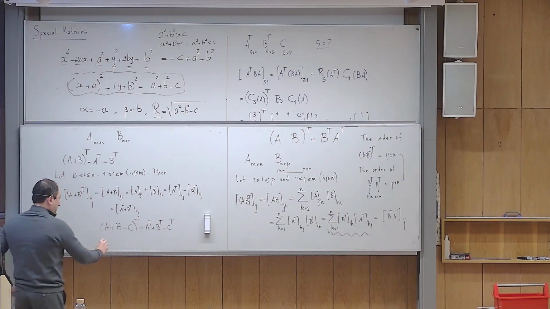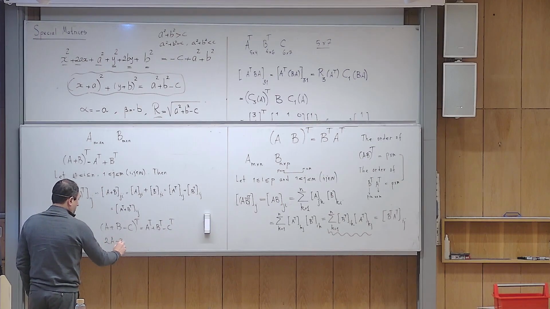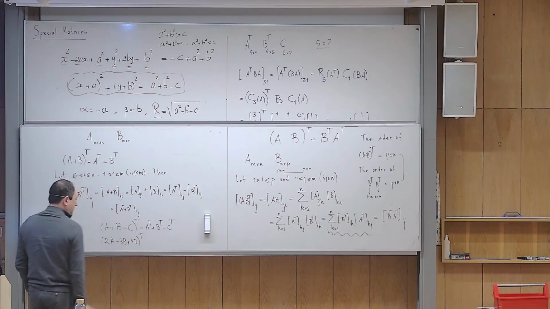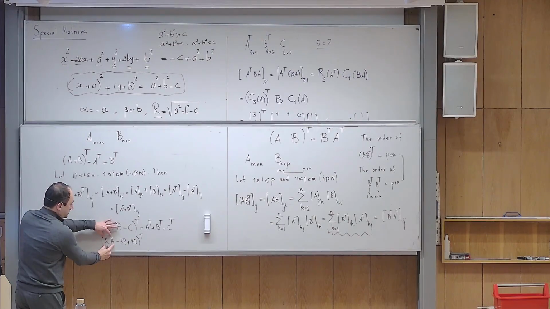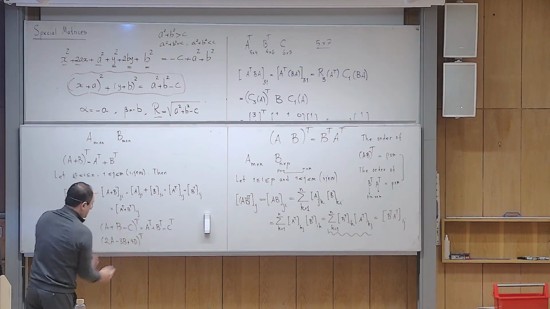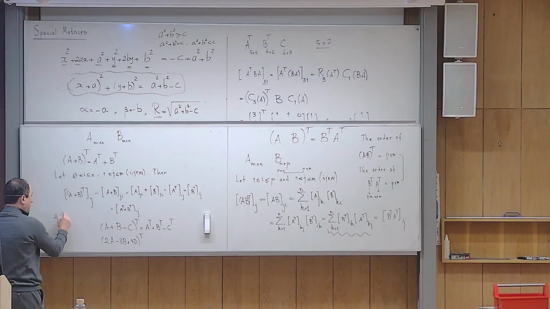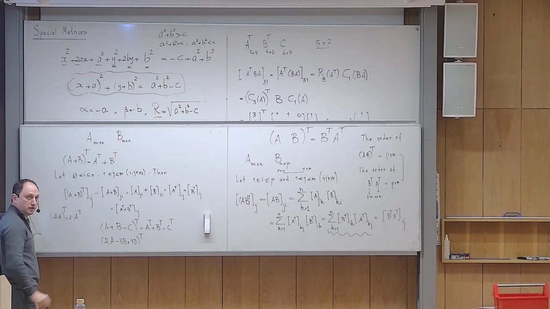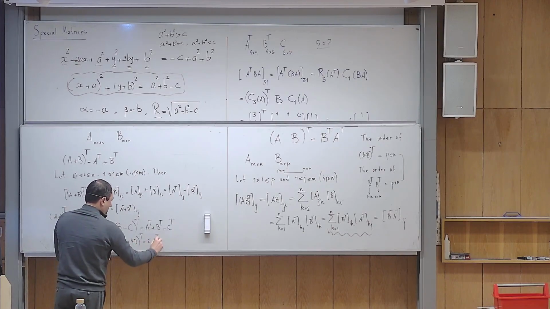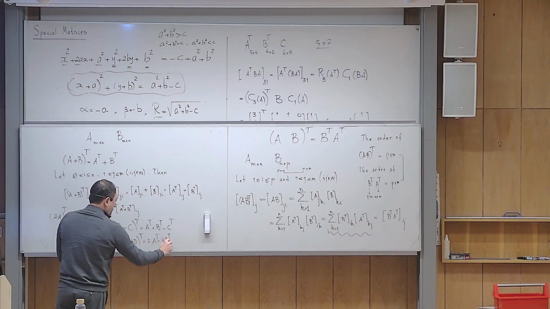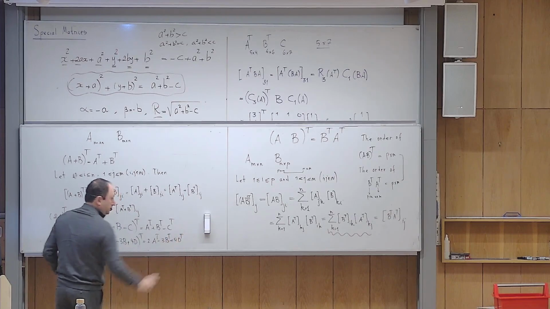For example, if I have 2A minus 3B plus 4D and I want to transpose it, in principle, I can transpose this, and transpose that. But there's another rule. The transpose of a number multiplied by a matrix is the number times A transpose. So I can do them quickly. I can write 2A transpose minus 3B transpose plus 4D transpose. Yes? This can be done.